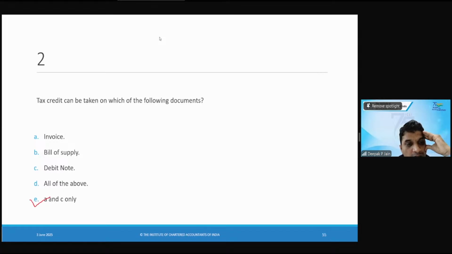Answer is E, on invoice and debit note. On these two things, we can claim the credit. So answer is E.